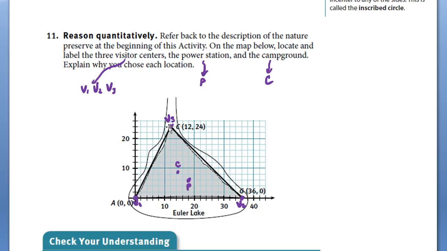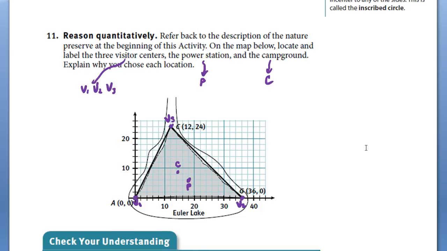V1, V2, and V3 at the vertices are our visitor centers. Here's point P. It is the same distance from every visitor center. To find that, we had to find the point that was equidistant from the vertices of a triangle, and that was called the circumcenter. Finally, the campground, it's located an equal distance from the sides of the triangle. So to be able to find that campground, we had to find the incenter.